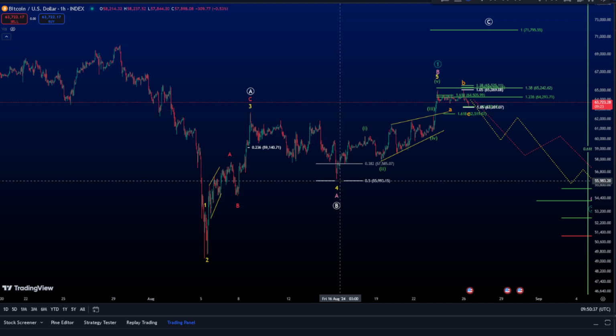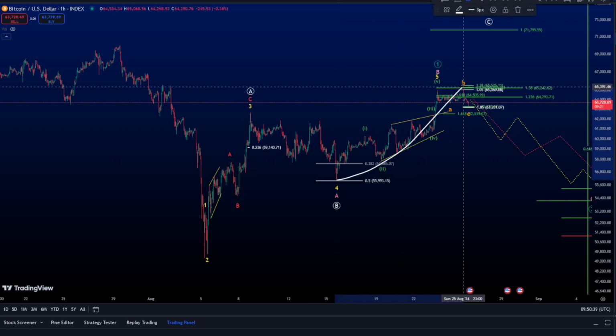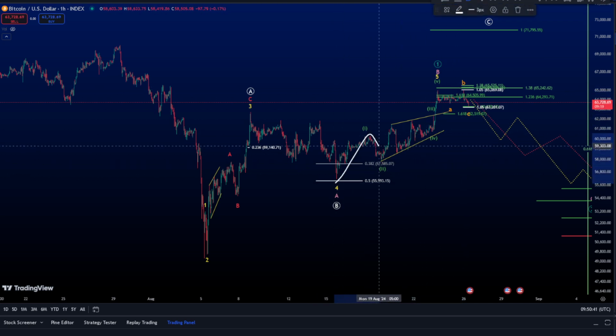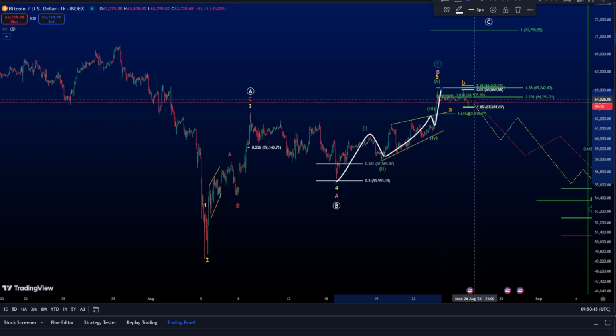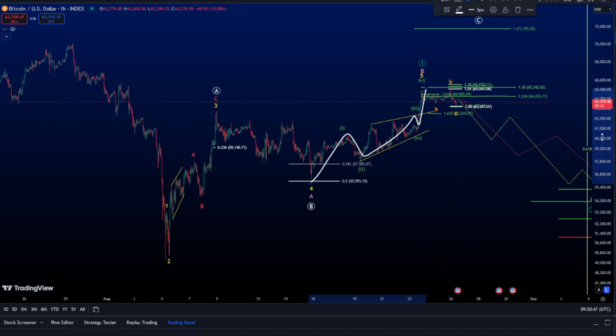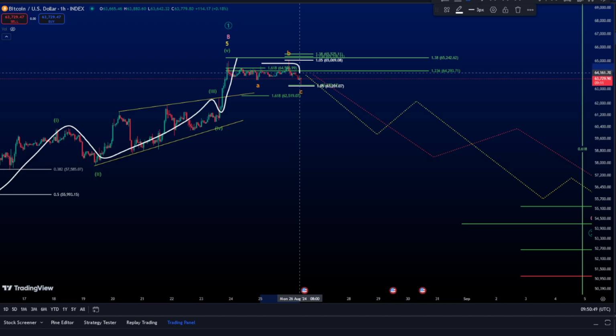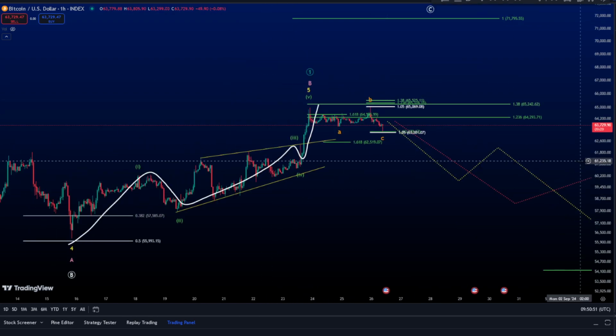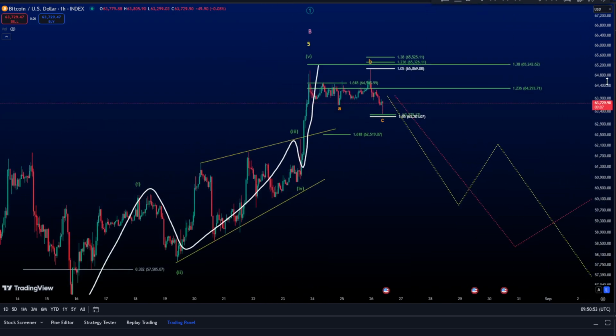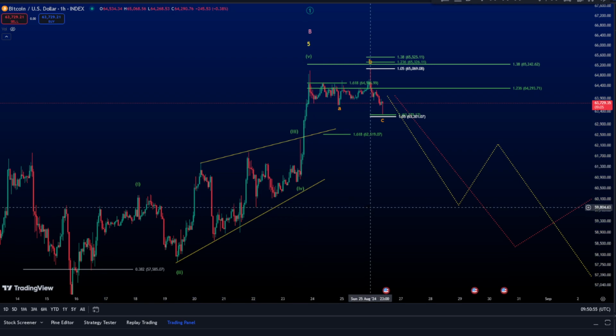That's perfect for a wave 4. And then moving with an impulse 1, 2, 3, 4, and 5, finishing this impulse exactly at the 1.618 fib level at 64,500 almost, which is perfect. So far, it is perfect.